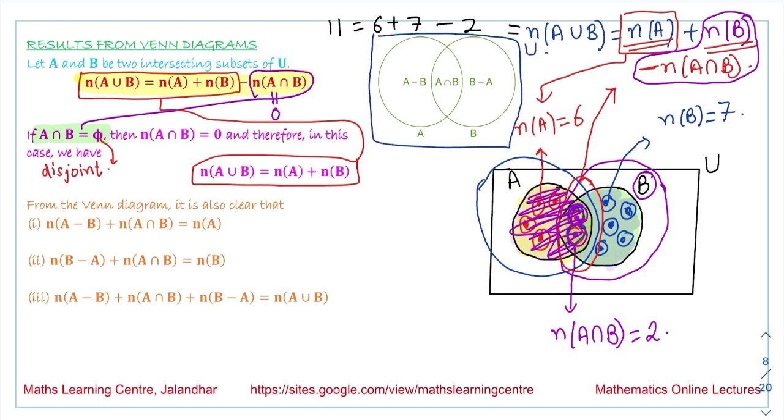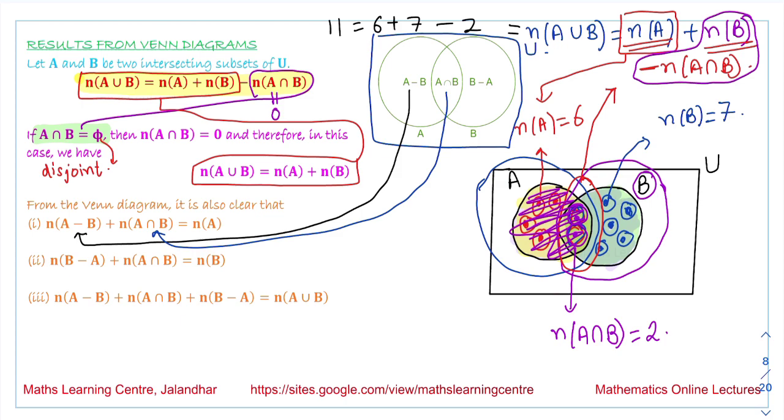From the first diagram we have the number of elements in A minus B plus the number of elements in A intersection B. This gives us this region, and this is equal to the number of elements in A. Similarly, the sum of these two will give the number of elements in B, and the third result is the union of all these three, because these three sets are disjoint.